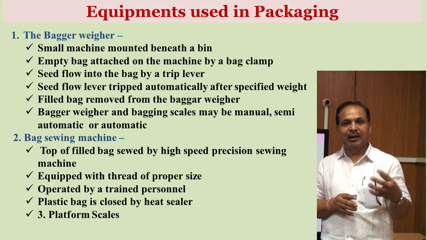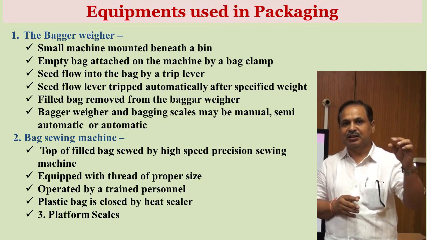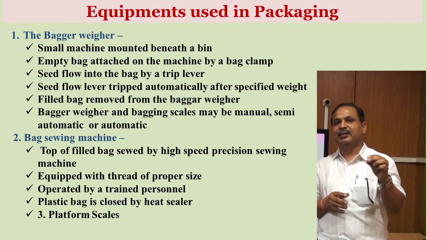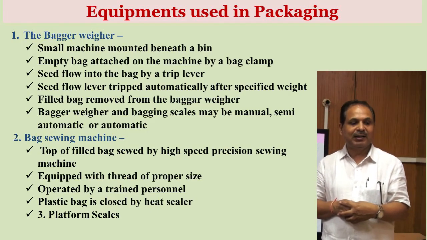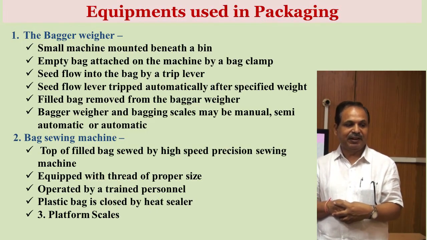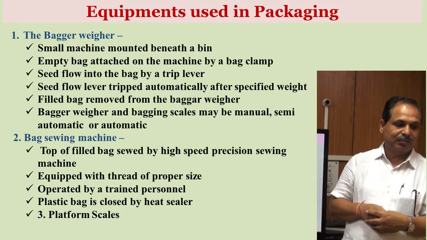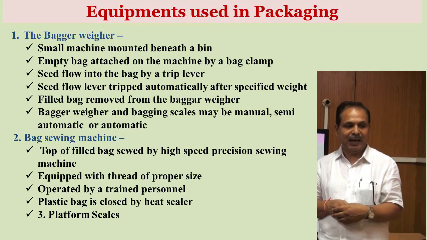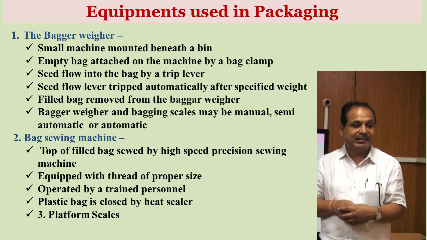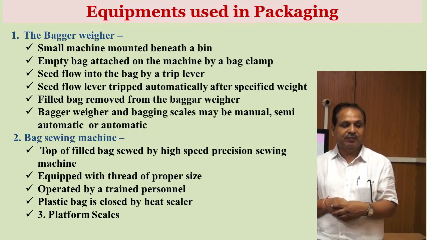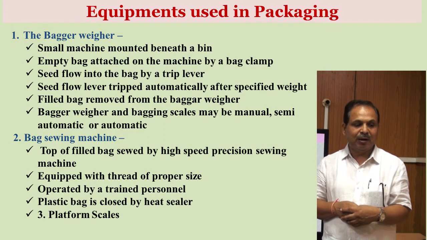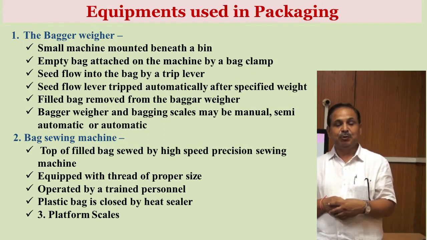When the bag is filled, it is sewed, and then weighed by different scales mounted on the processing plants. Next one is the bag sewing machine. It is very important that the top of the filled bag is sewed by high speed precision sewing machines.